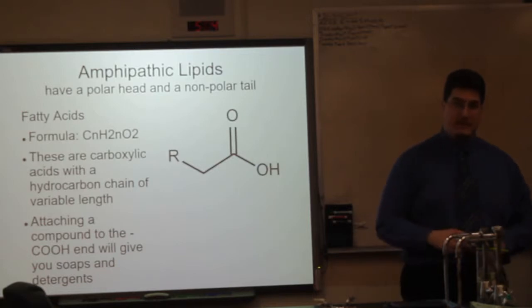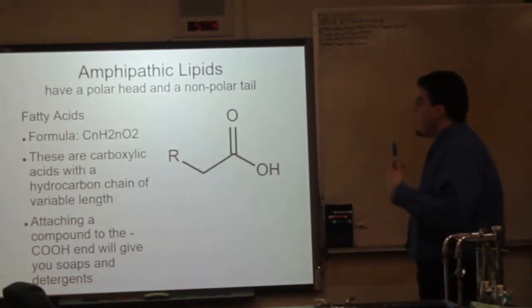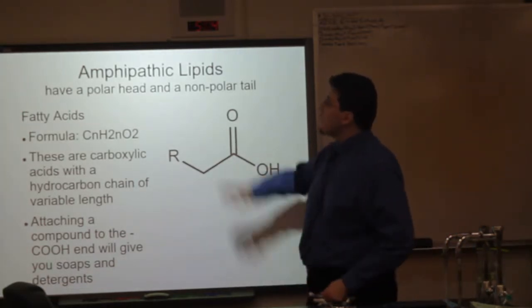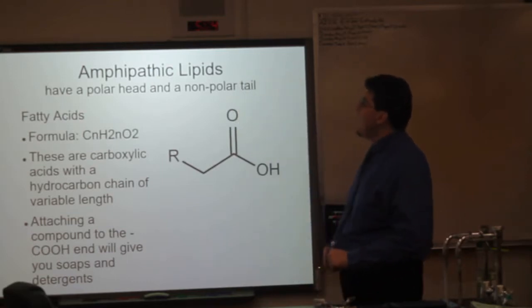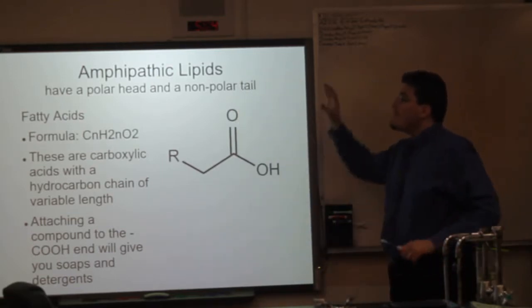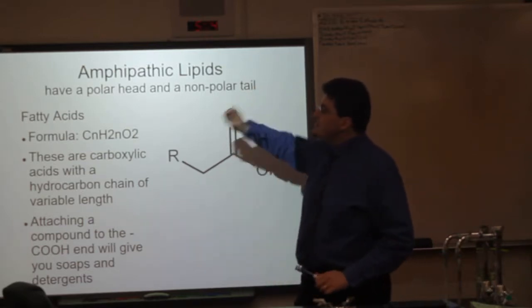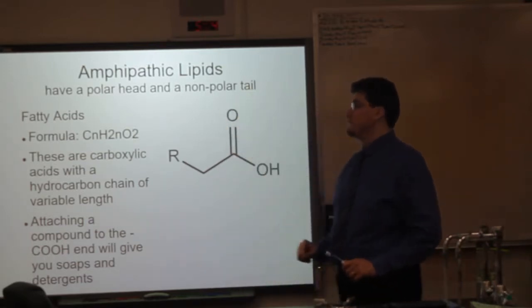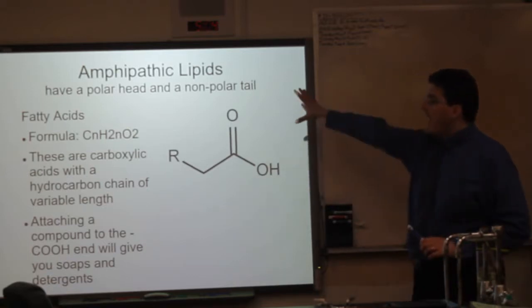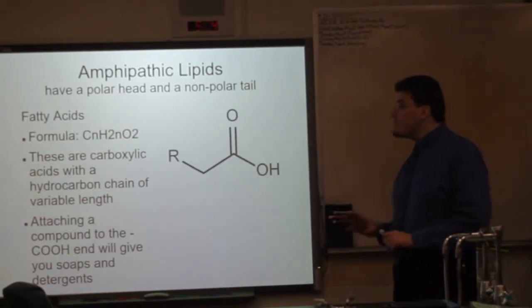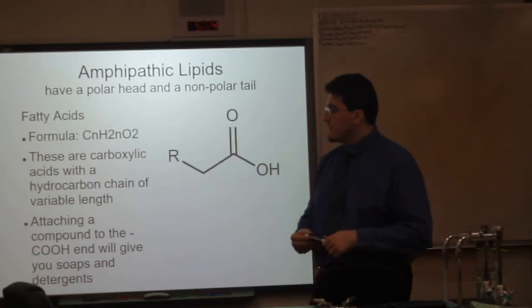Now let's talk about lipids. Amphipathic lipids are those lipids that have a polar head and a non-polar tail. Fatty acids will have the formula CnH2nO2. These are carboxylic acids with a hydrocarbon tail of variable length.